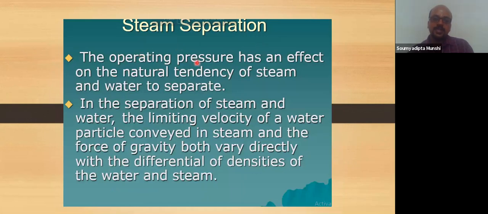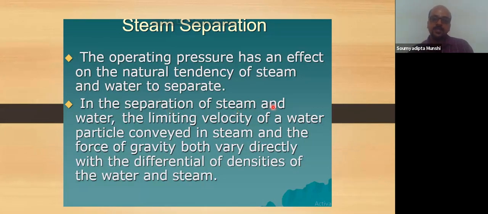So here it is the steam separation. The operating pressure has an effect on the natural tendency of steam and water to separate, because steam is less dense, and inside the drum there is a space. So the steam is separated from the water, and the steam is stored in the upper part of the drum.